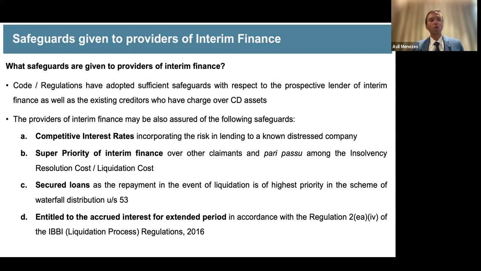Even secured loans will get repaid later in an event of liquidation, and the highest priority in the scheme of waterfall is the interim finance, which is a part of the insolvency resolution process cost. Even if the company goes into liquidation, interest can be paid up to 12 months. A maximum of 12 months in the liquidation period is what you can pay interest.